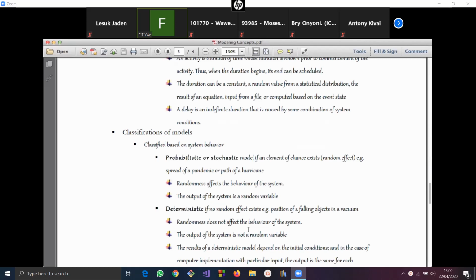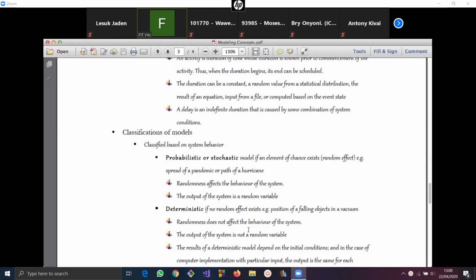So when you hear somebody saying this is probabilistic, it is the same as saying stochastic. What does it mean? These are those models which take variables that are random. In other words, they use the concept of probability.